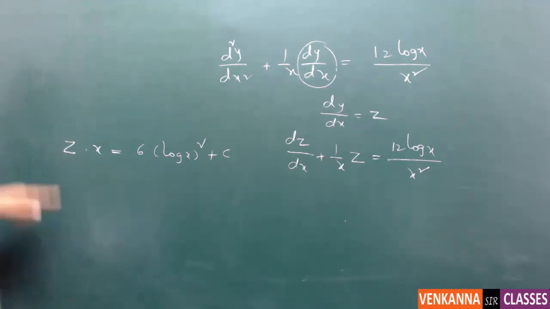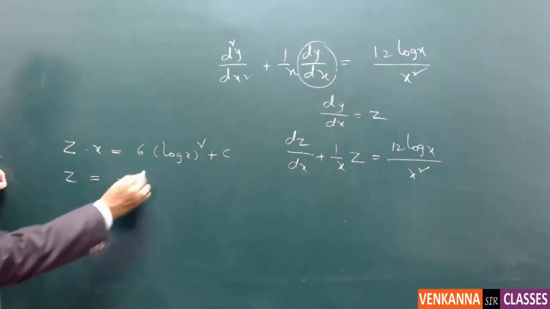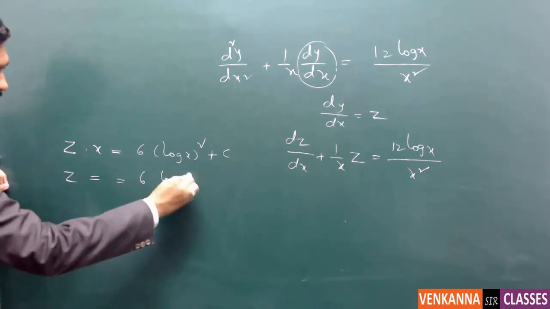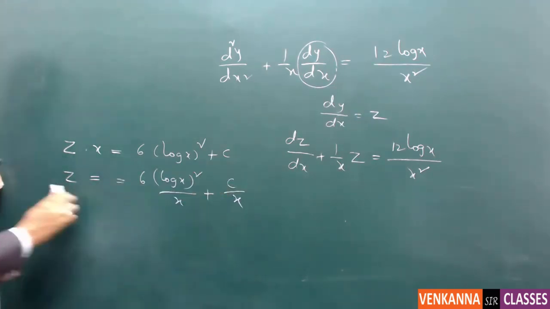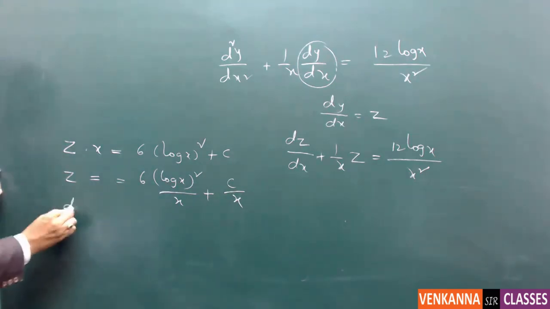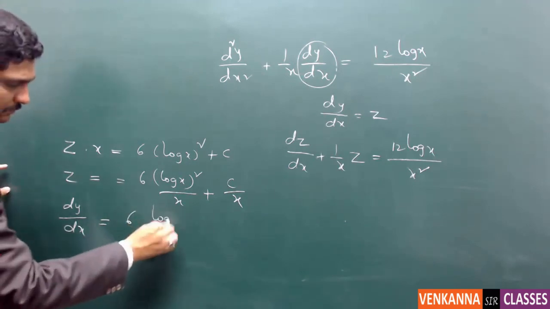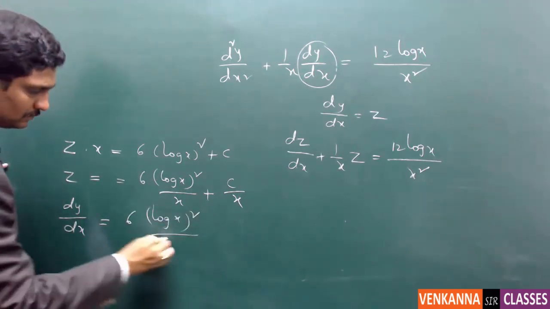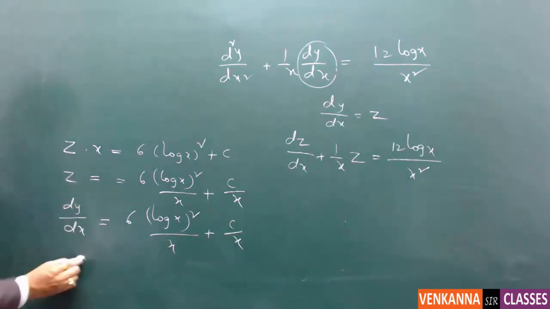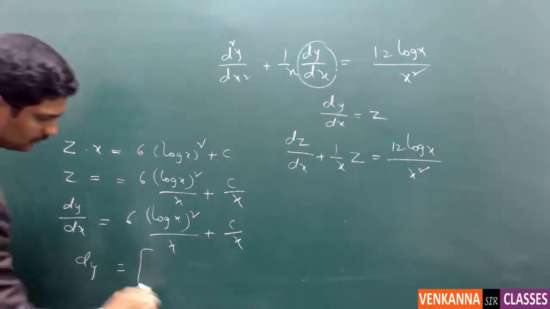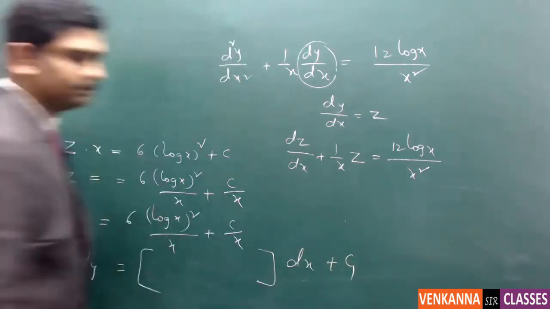Fine. So first of all, z is equal to, take x to this side. Now we have z is nothing but dy by dx. Now you make it variable separable, and then the integration constant will come.